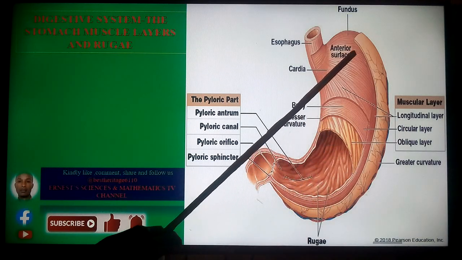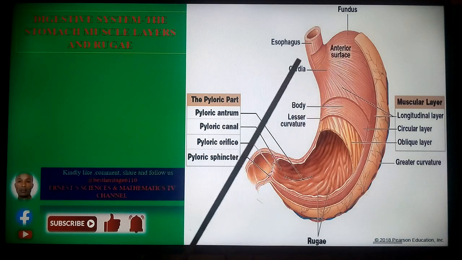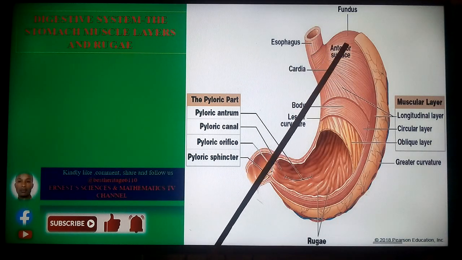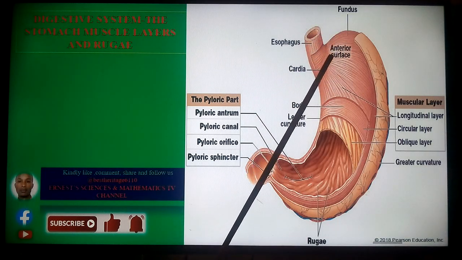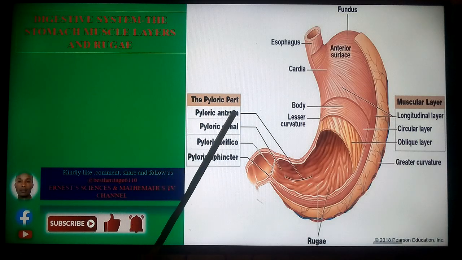Now, similarly to the upper part which I mentioned, which consists of the cardioesophageal sphincter, this specific lower section also has a muscle constriction referred to as the pyloric sphincter. Now, the pyloric part constitutes the pyloric antrum, the pyloric canal, and the pyloric orifice at this specific point.